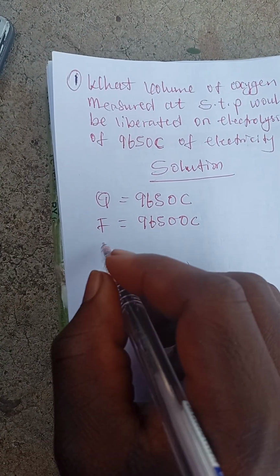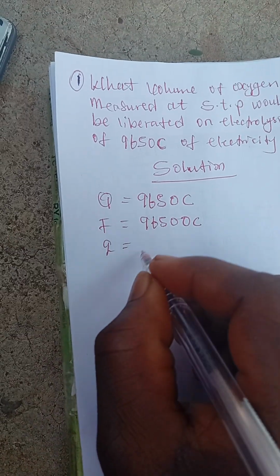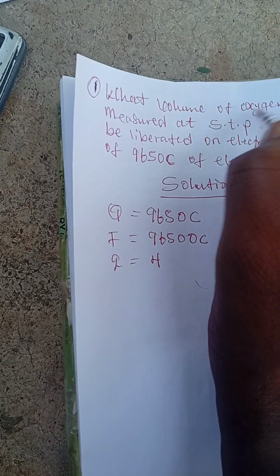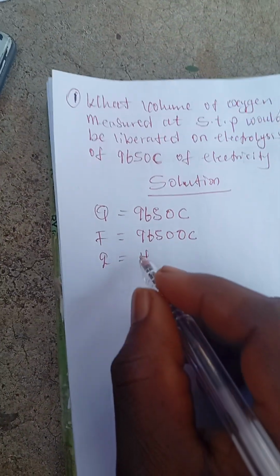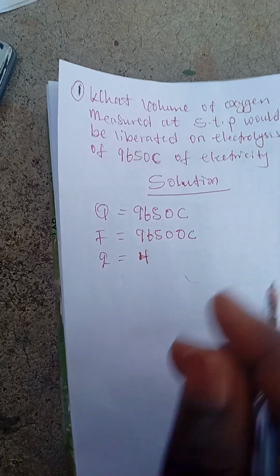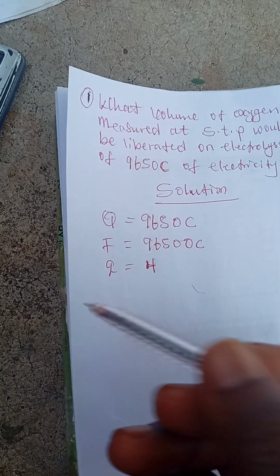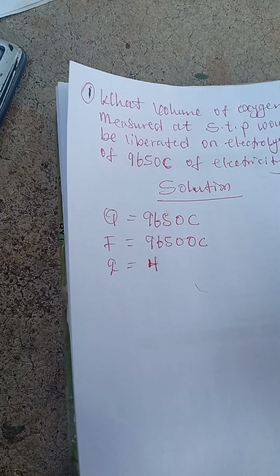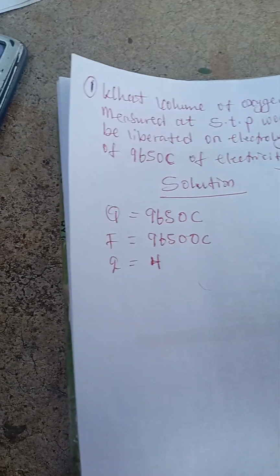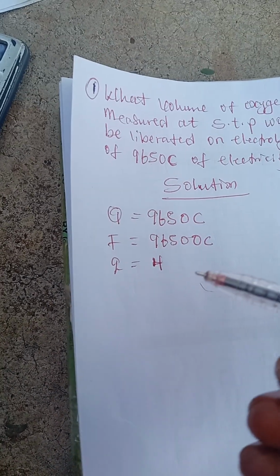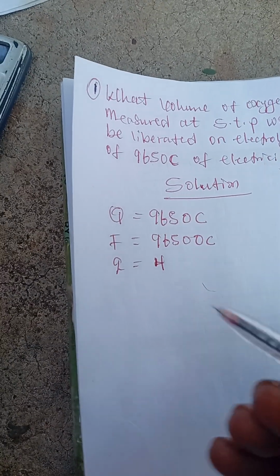Then we have our charge, which I have already explained. It is 4. That is the charge for this particular oxygen. I will explain how you can obtain the 4.